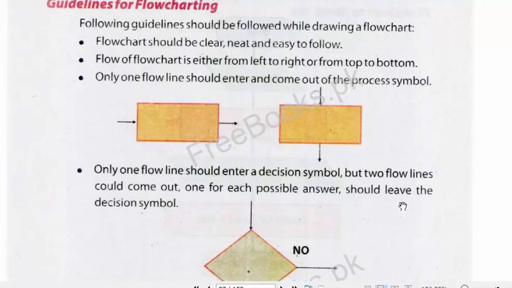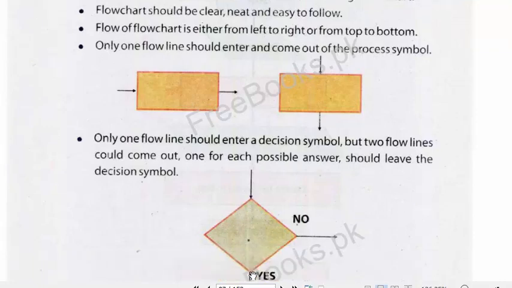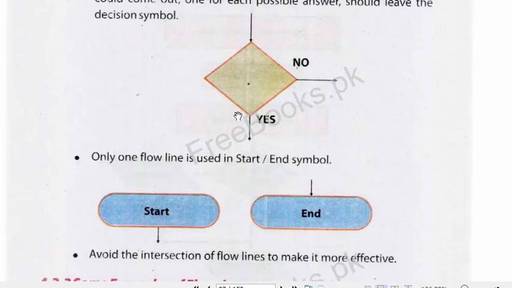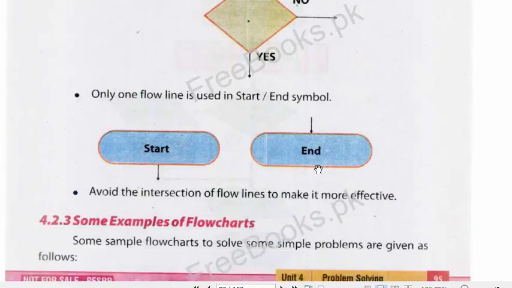The diamond shape can show you two outputs, but none of the other shapes will show two outputs. Only one flow line is used in the start and end symbol. Avoid the intersection of flow lines to make it more effective.